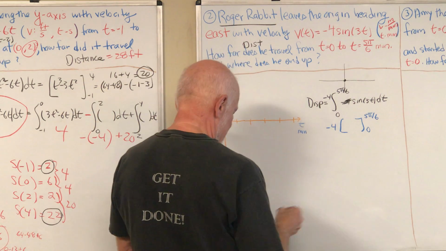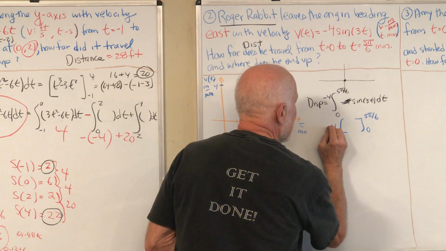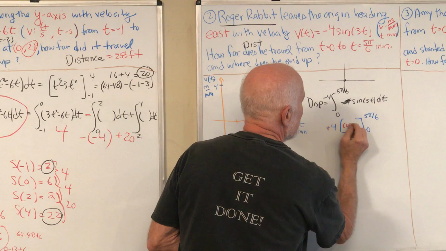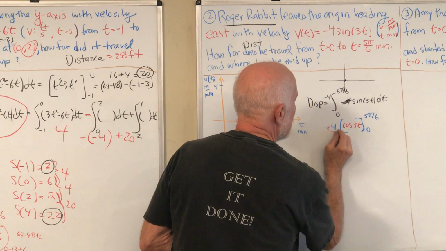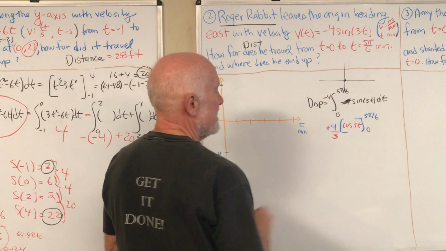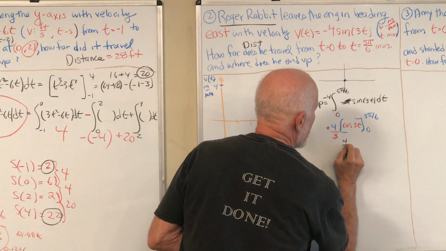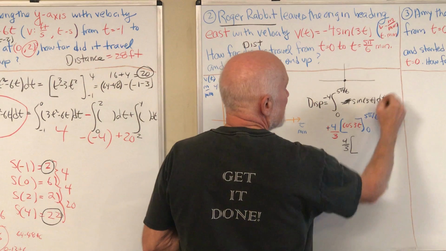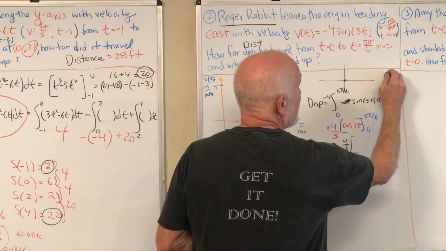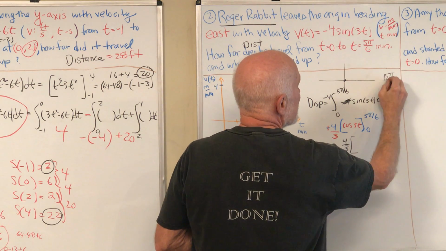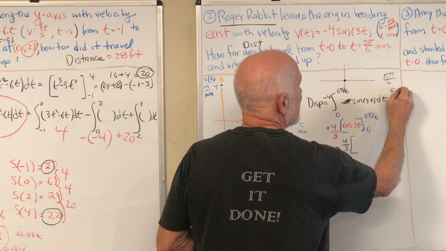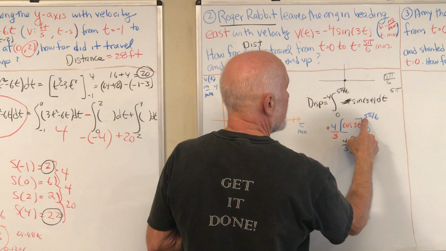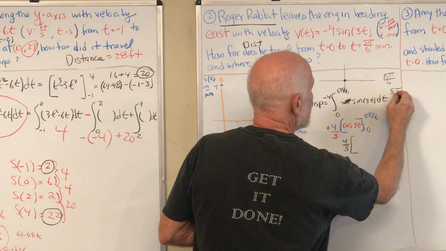Well, it's minus the cosine of 3t, but then divided by 3. So we get 4/3 times the cosine, 3 times that, so 15 pi over 6, or 5 pi over 2.